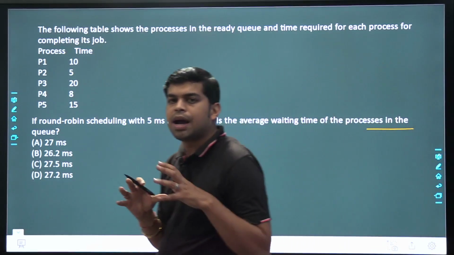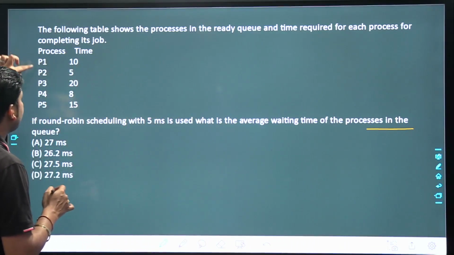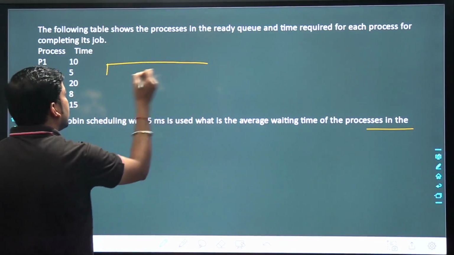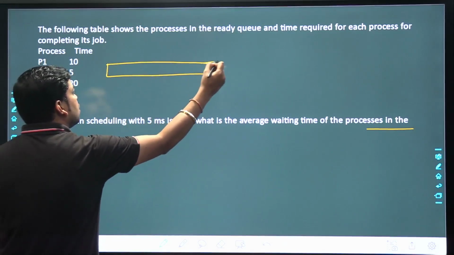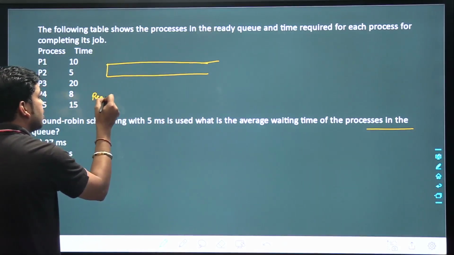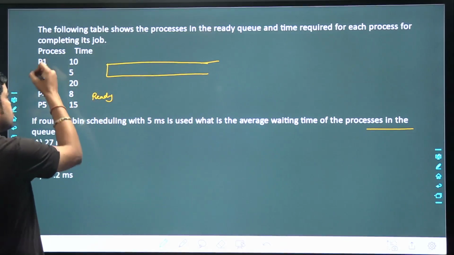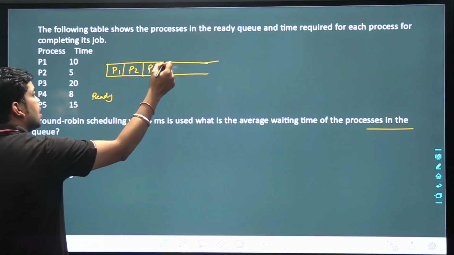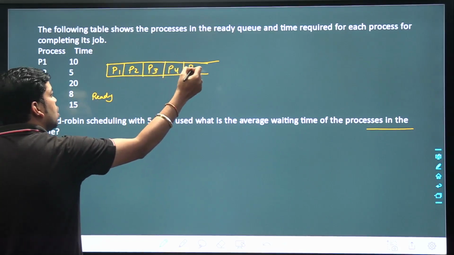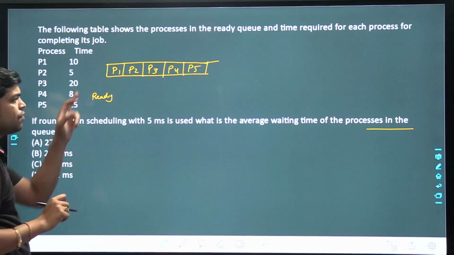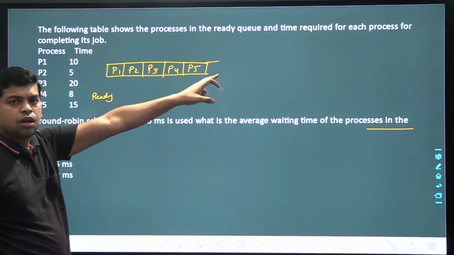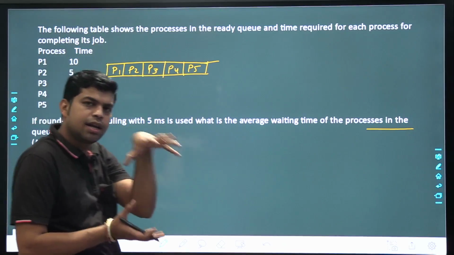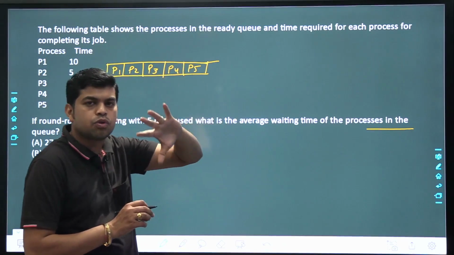By the round robin technique, we need to execute each process in the ready queue one by one. First P1, then P2, then P3, then P4, then P5, all processes allocated one by one. Again we start with the turn of P1. Because all processes are already in the ready queue, you can directly run the processes one by one.